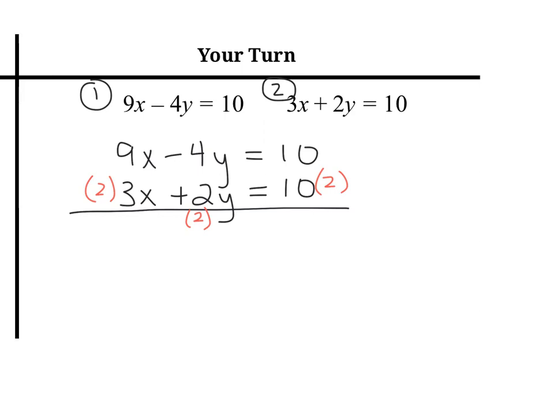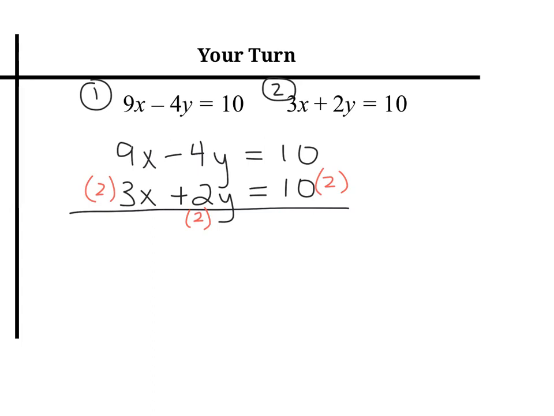That's totally okay. It's going to give you the exact same answer in the end, but I figure why create extra work for ourselves and multiply both equations when really we only have to multiply one equation in this particular example. So I'm just going to leave it as is.